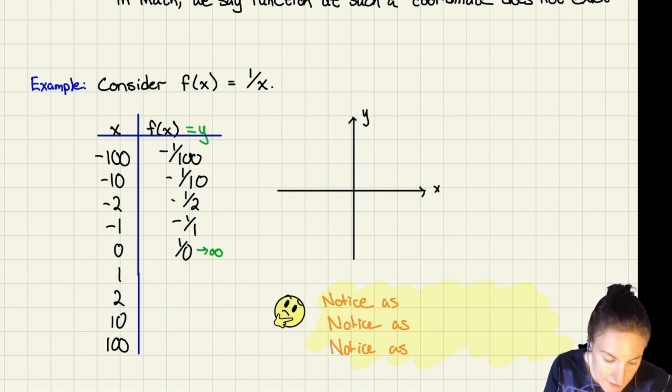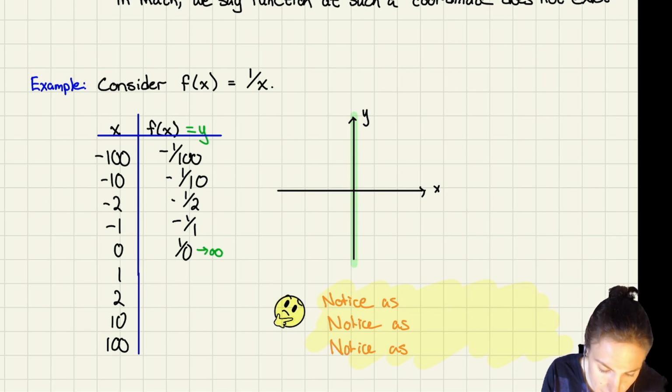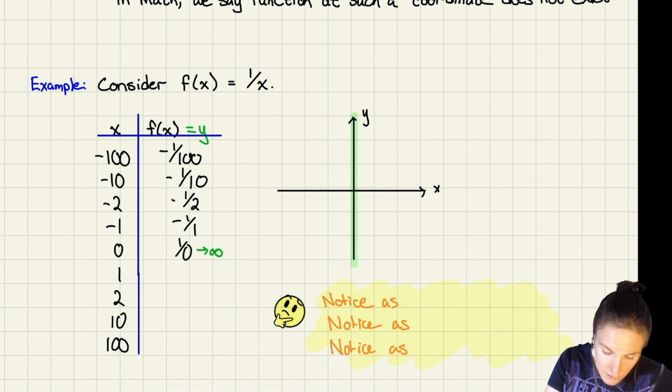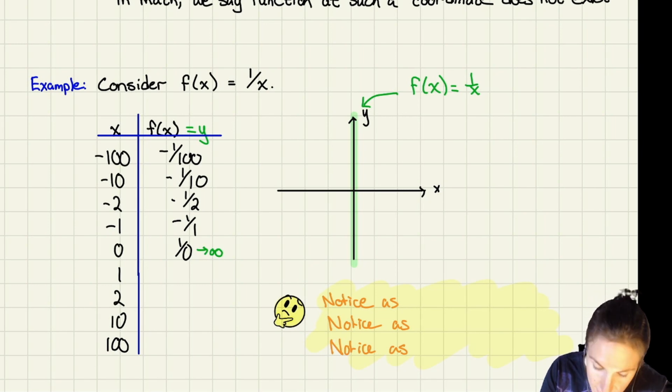So that means that when x is equal to 0, we're never going to be able to cross that green line that I just drew in there. So our function f of x is equal to 1 over x never touches this line.